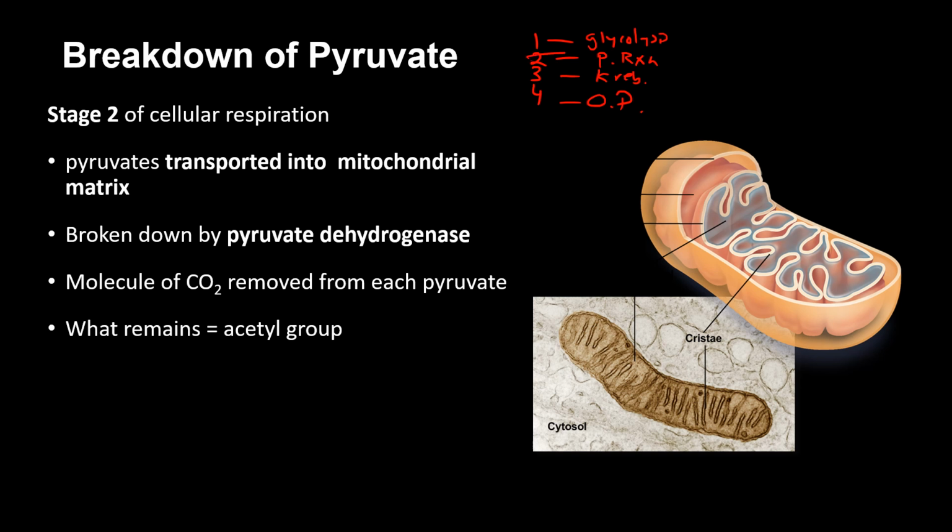The book does not consider pyruvate oxidation or the PrEP reaction as a step, but it really is. It's a separate pathway. So that's why this slide talks about that as stage 2.